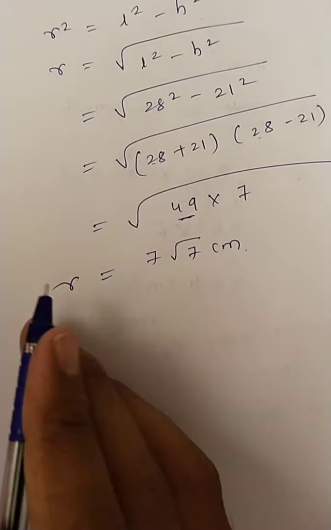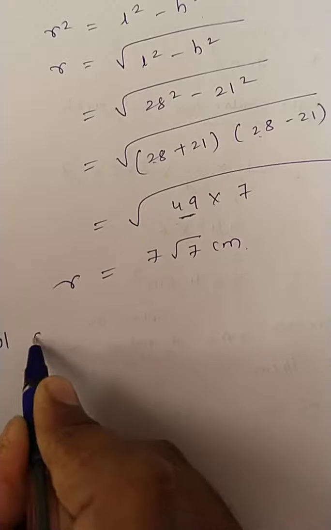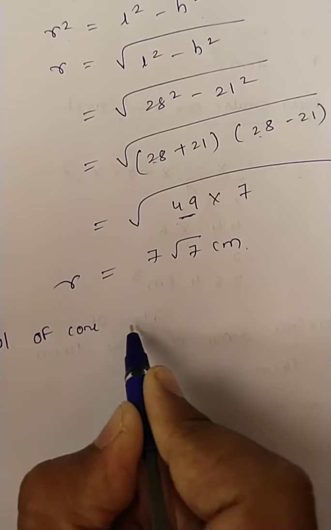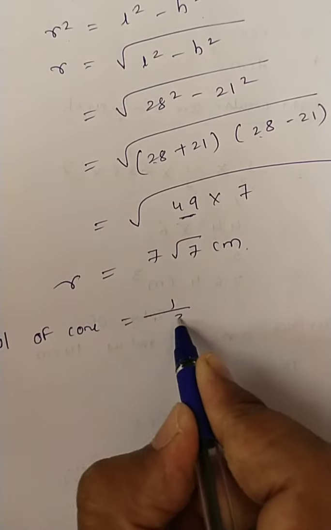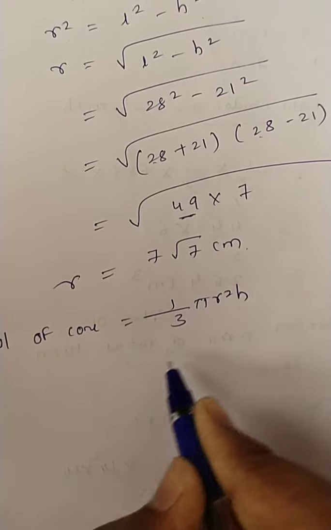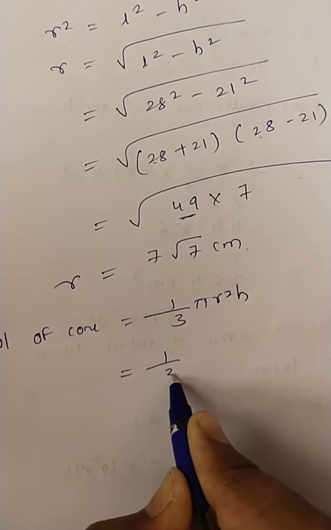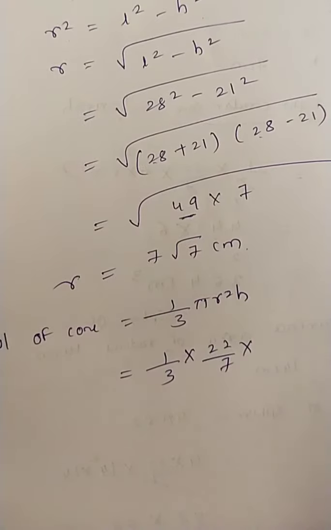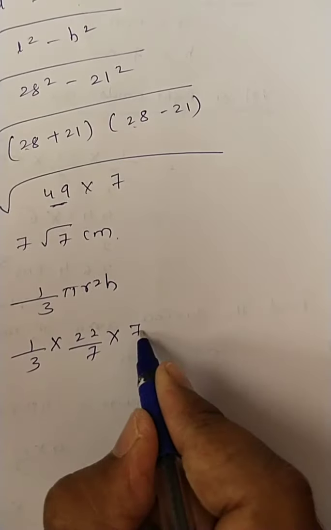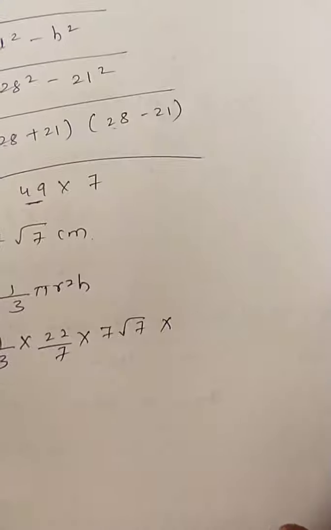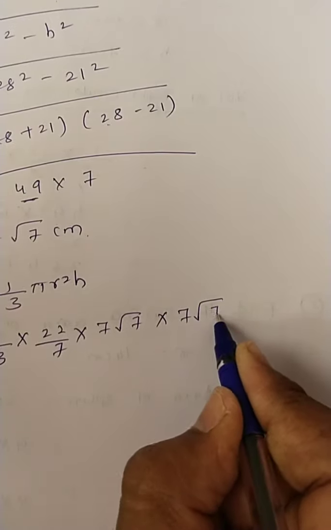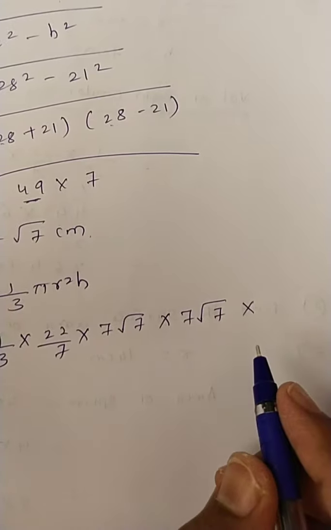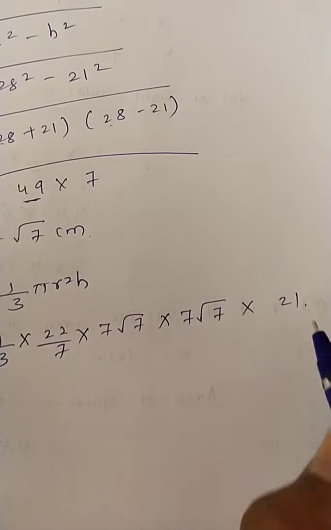So we have the volume of cone, that is 1 by 3 pi r square h. 1 by 3 into pi, which is 22 by 7, into R square, that is 7 root 7 into 7 root 7, into h. What is your h? H is 21.